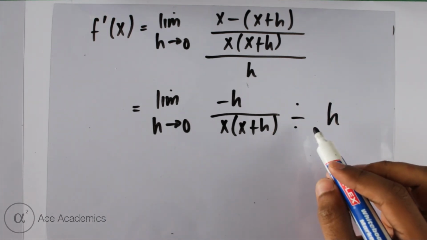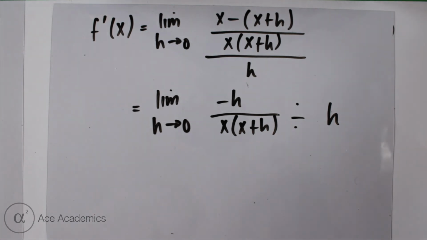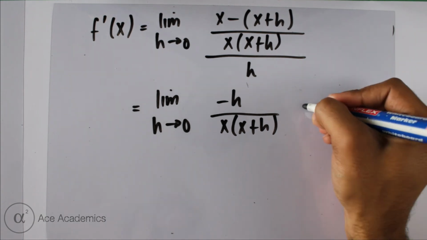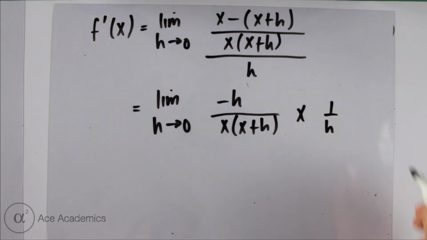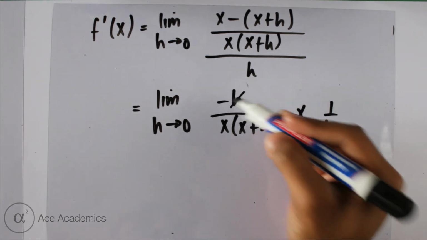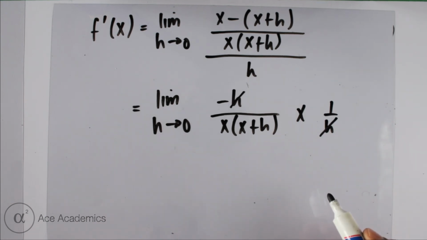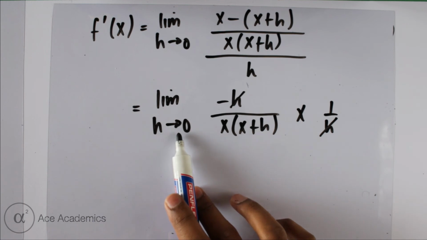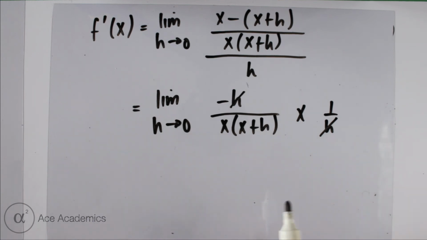And this divided by h is essentially the same thing as multiplying by 1 over h. And this h and that h will cancel out. And now we don't have h as a denominator. And now we can substitute 0 into the expression.